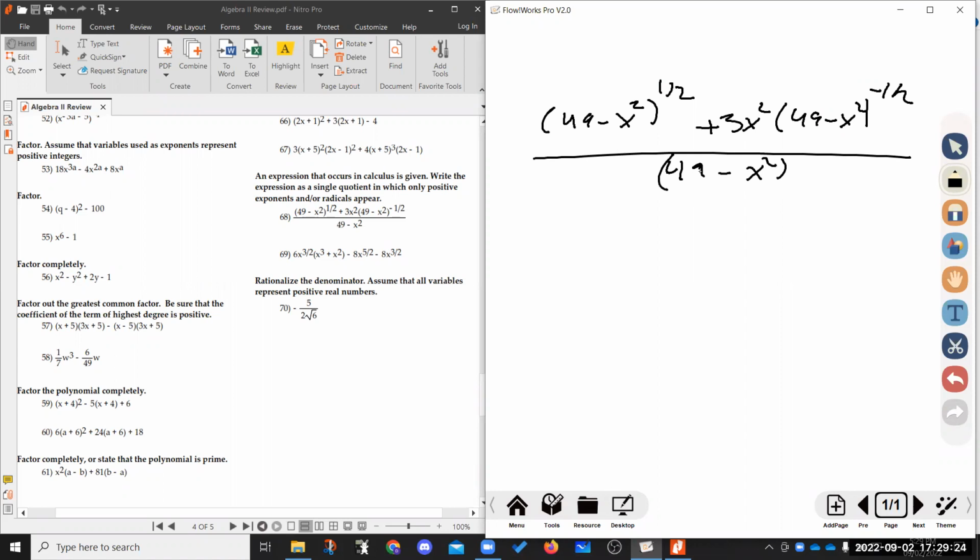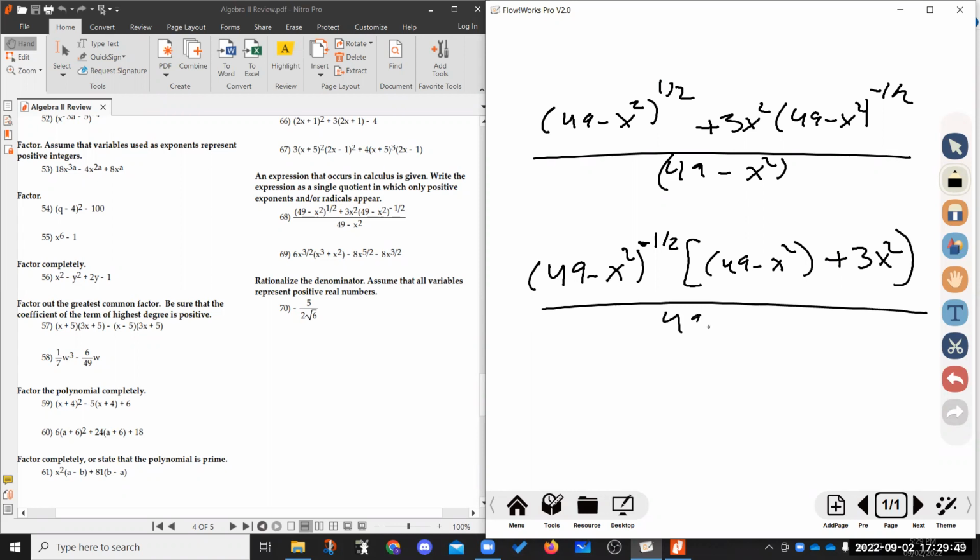Want to get rid of that negative 1/2 power in the top, bring it to the denominator. So I'm going to factor out (49-x^2) to the negative 1/2. That's going to leave me with (49-x^2) to the first, because 1/2 minus a negative 1/2 is 1/2 plus 1/2 is 1, plus 3x squared over (49-x^2) in the denominator.